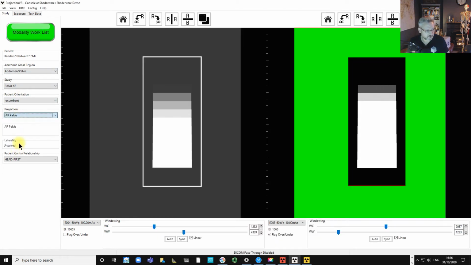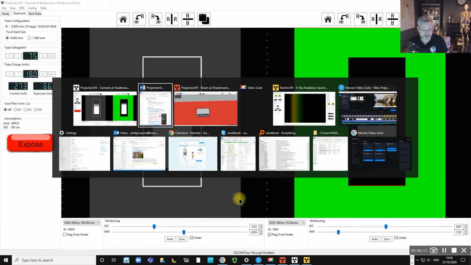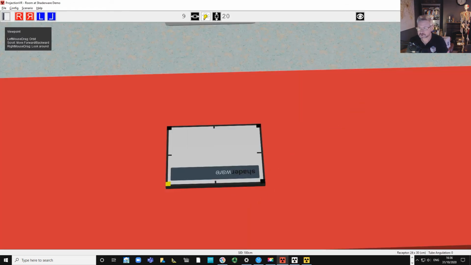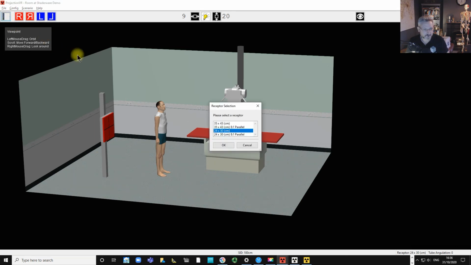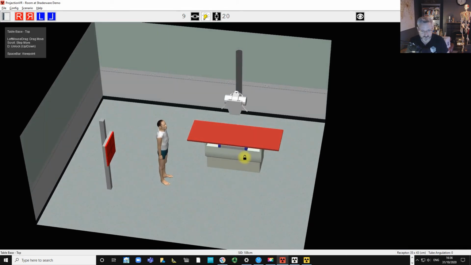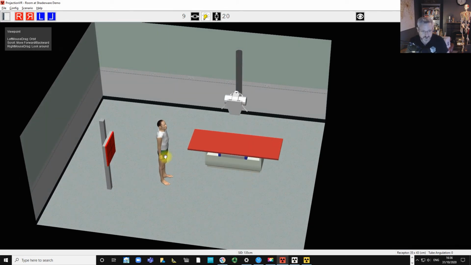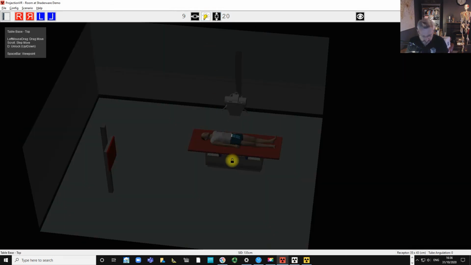We're going to pick AP pelvis. Okay, so we're going to bring Ned into the room. I'm going to pick a large receptor and pop it into the table bucky. And we're going to drop the table down so that Ned can get on and pop him on the table. Okay. Raise the table up to working height and open the collimation.